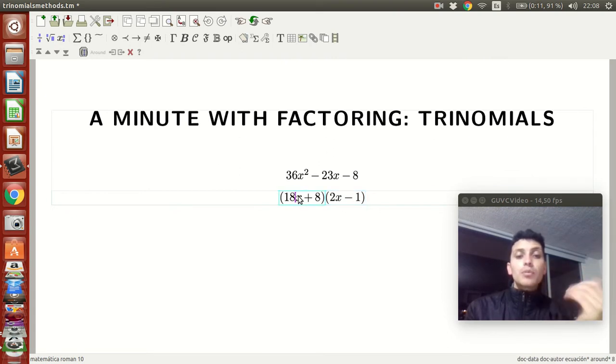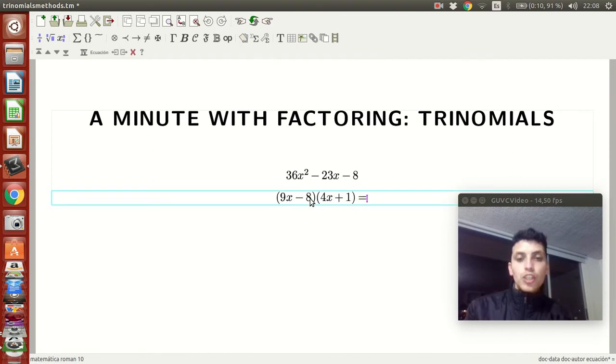So we're going to try another division. 9 and 4. So 9 times negative 1 gets you negative 9. 8 times 4 is 32. 32 minus 9 is 23. But we need it negative, so we have to change the sign. Negative here and positive here.